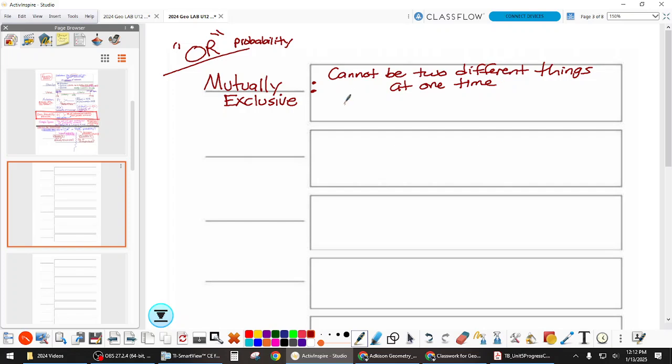So maybe some examples. You can't flip heads and tails at once, right? It's not going to be both. It'll be one or the other. Can't roll 2 and 5 at once.